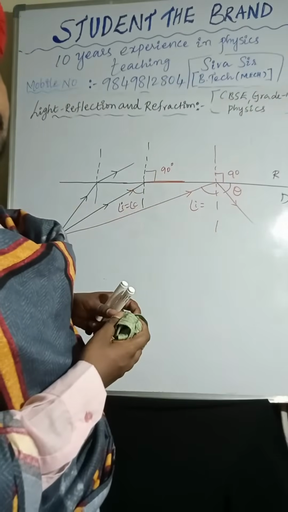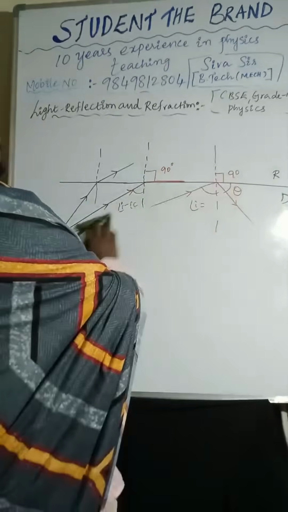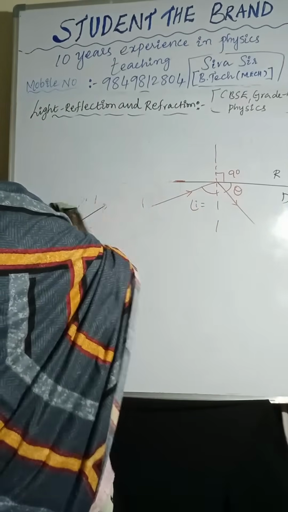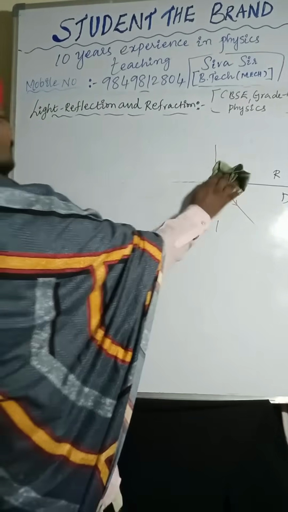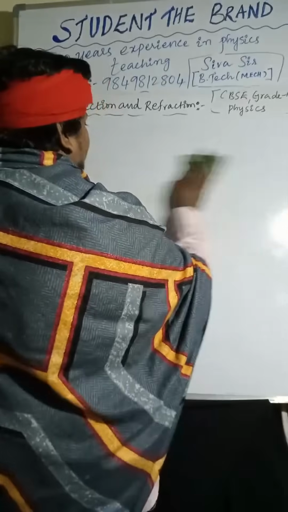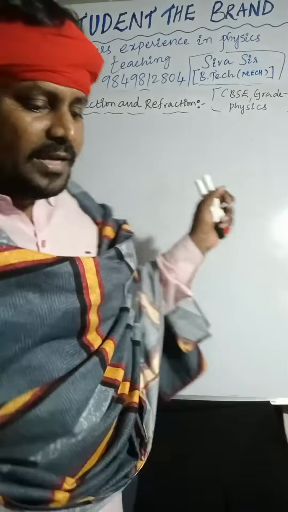lenses. We are going to the lens. There are two types of lenses, convex lens and concave lens.